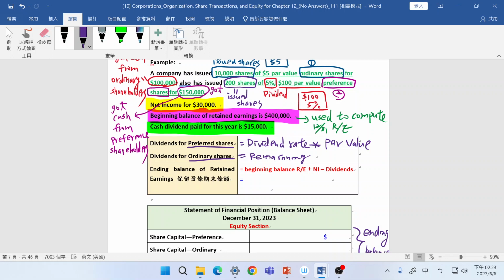Oh, sorry, don't forget. Dividend rate times par value is only for one share, right? So how many shares did your company issue for your preference? 200, right?